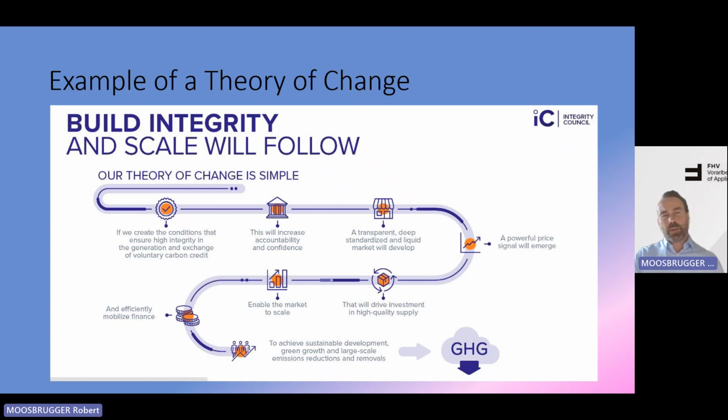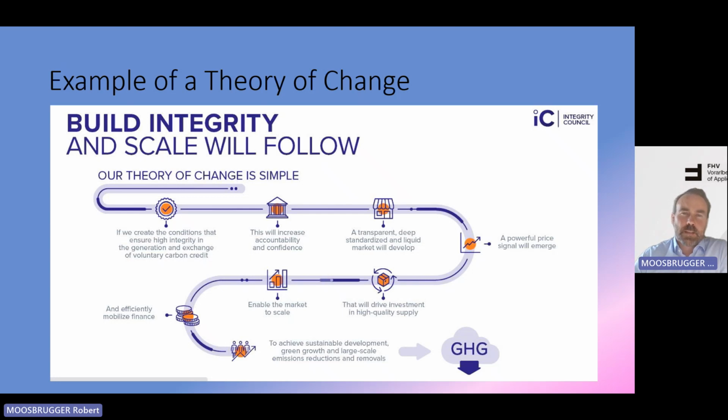What I want to show here is that they've demonstrated it in a very simple way that makes it easy to communicate what your organization is all about and what you're aiming to do, and why you think that the things you do will lead to a change. So I highly recommend that for your own community organization or community enterprise you develop a theory of change.